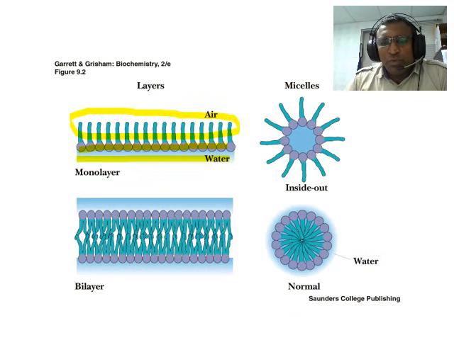So if you put water in the middle, you get something like a micelle structure. And if you put water on the outer section, this will be the structure you obtain, where the hydrocarbon chain will be internal and the head will be outside.